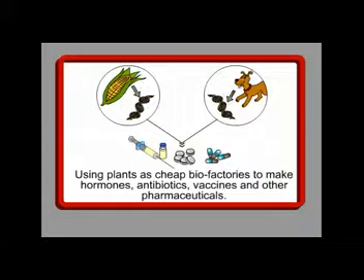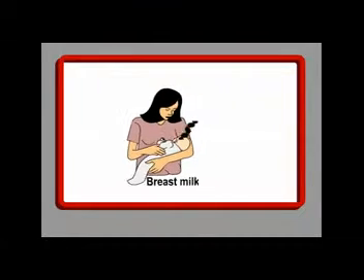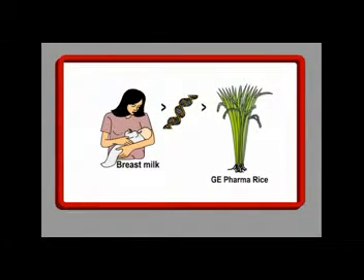Some trials are known to use animal genes, for example, dog genes. GE Farmer rice has been modified with human genes to produce 2 proteins found in human breast milk. The plan is to use it to treat diarrhea.